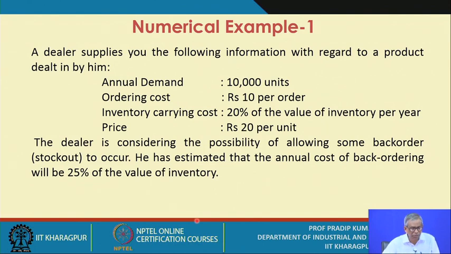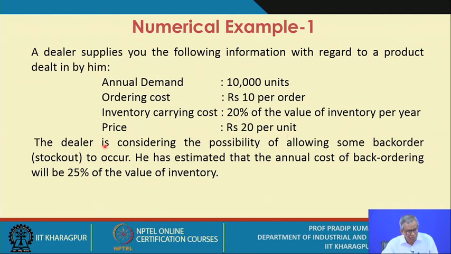Now here is an example. A dealer supplies you the following information with regard to a product dealt in by him: annual demand 10,000 units, ordering cost ₹10 per order, inventory carrying cost 20% of the value of inventory per year. It's considered to be high, and the price is ₹20 per unit.